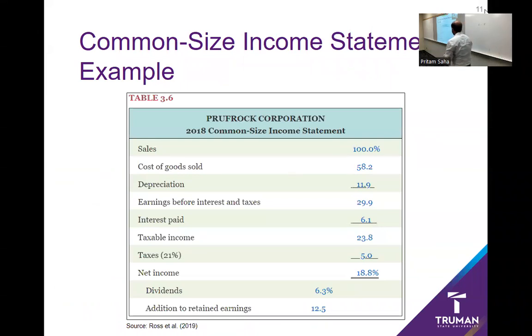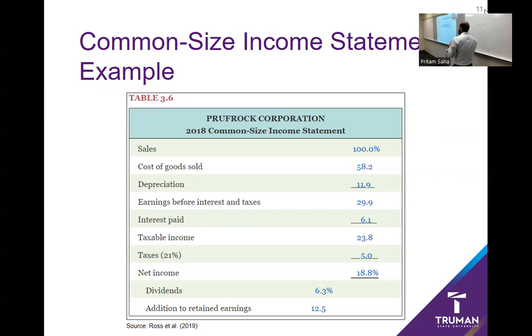Income statement. This is also common sized in terms of sales. So that's why sales is 100%. Cost of goods sold, the direct cost of producing any product, right? So you can say these corporations basically have 58% of cost as compared to sales, right?